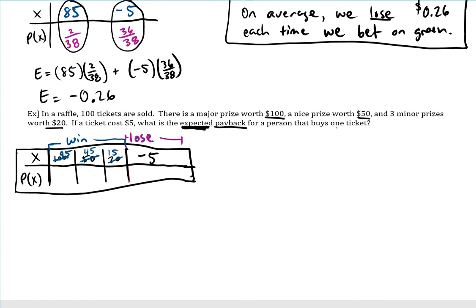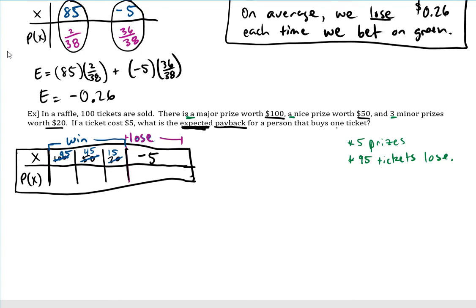All right, so now that we go through it, let's look at this. I'm going to change my color to green. They say there is one major prize, there is one nice prize, and then there are 3 minor prizes. So there are 5 prizes total, which means there are 95 tickets that lose, because 100 tickets are sold.